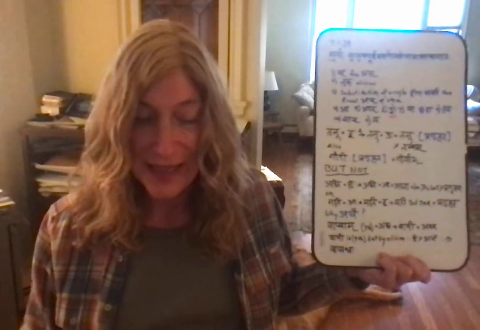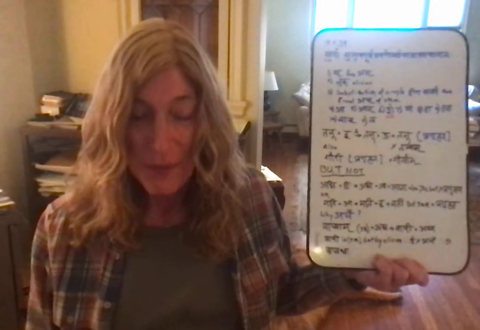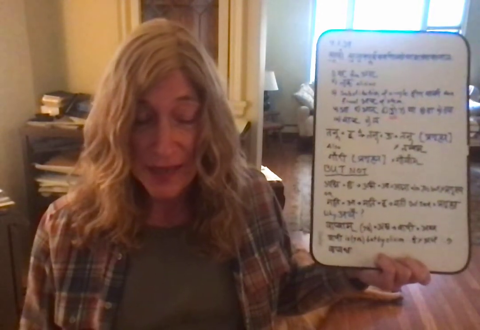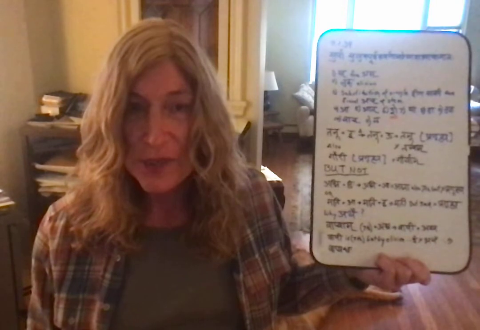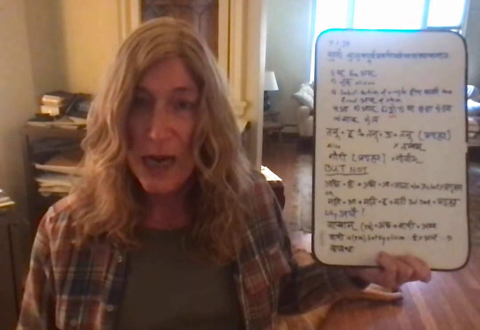And finally, as you know, I always like arte kim. Why arte? Why is it saptamyarthe? Well, there is a reason for that. That's because in the formation of compounds, the sup endings are dropped, and you're left with the stem.